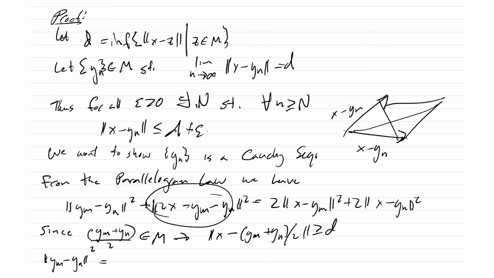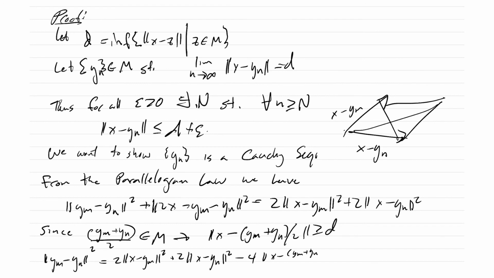I'm going to move this term over on this side, and so I get 2 times ||x - y_m||^2 plus 2 times ||x - y_n||^2 minus, now pulling out 2 here, we get 4 times ||x - (y_m + y_n)/2||^2, which is going to be less than or equal to 4 times (D + epsilon)^2 minus 4D^2, and ultimately this is less than or equal to 4 times epsilon times (2D + epsilon), right?